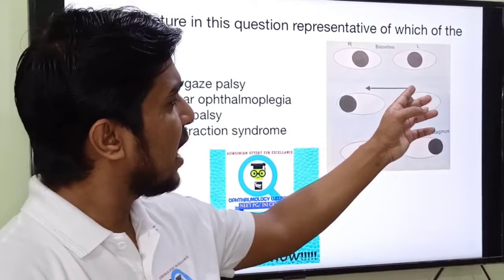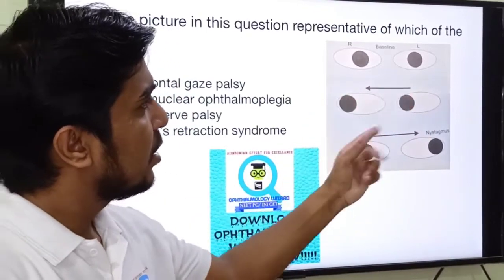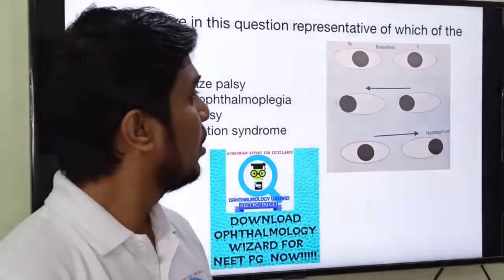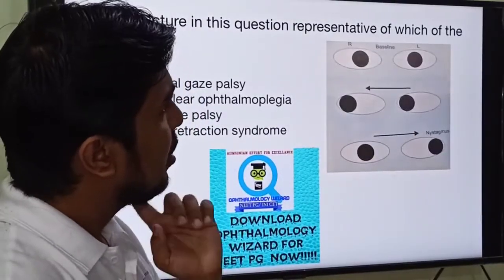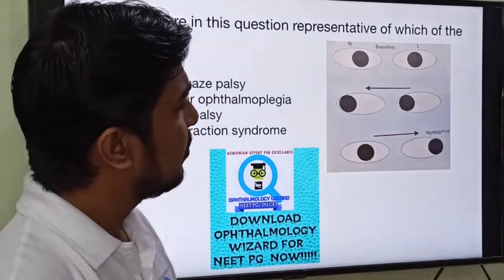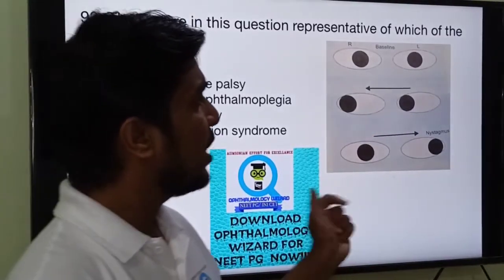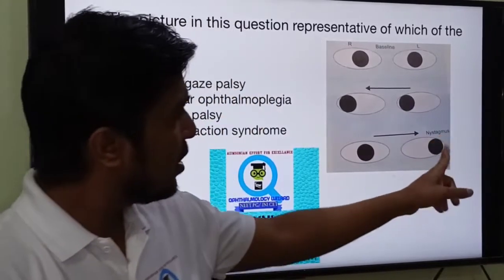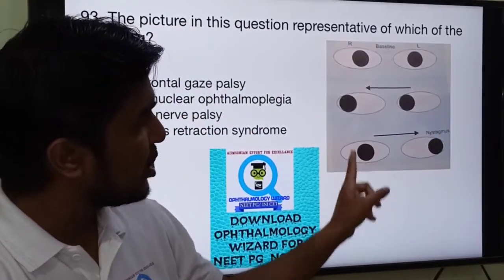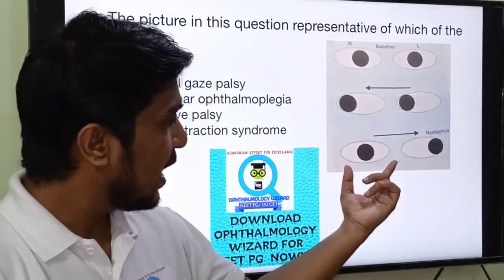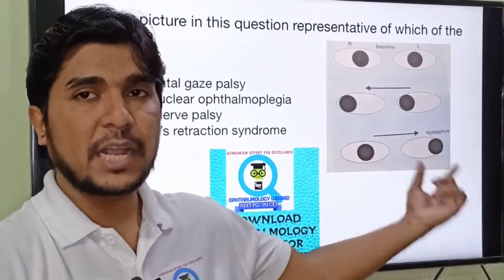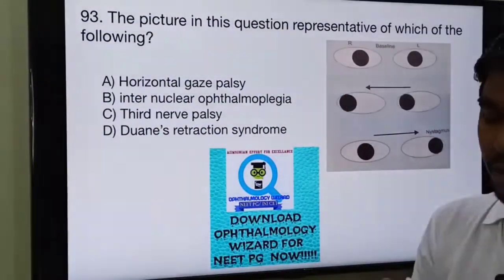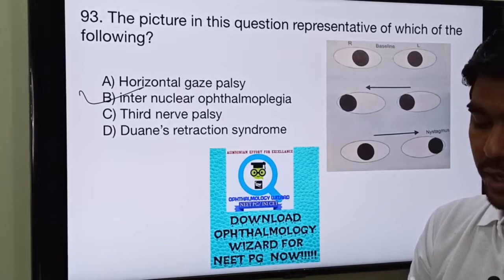But when the patient tries to see the right side, the abduction is normal, and when the patient tries to see towards the left side, there is nystagmus along with adduction deficiency. So what is the answer? Let me tell you. The answer is this one.